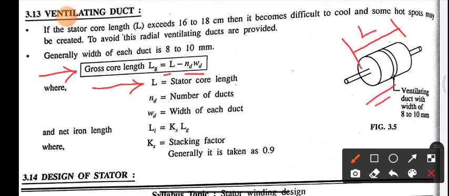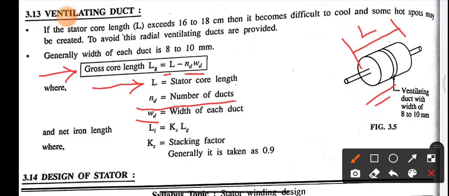This is rotor, right? So the length of the stator core is the total length L. Now Nd is nothing but the number of ventilating ducts that you are providing. Suppose you are providing 2 ventilating ducts, then Nd will be 2. If it is 3, then Nd will be 3. Then Wd is nothing but the width of each duct.